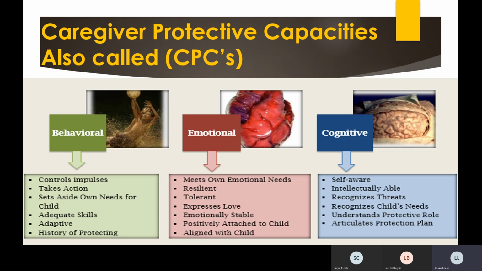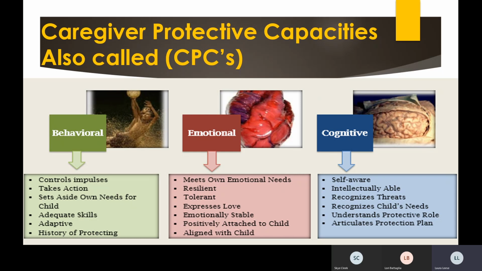We do not have the time today to look at those specific scales underneath each one, but each one of those areas has a very specific idea of what an enhanced protective capacity would look like, as well as, when you're assessing it for enhanced or diminished, specific categories or scaling as to what an A, B, C, or D will look like. And again, my apologies, because we'll get into the specifics of the scaling later.